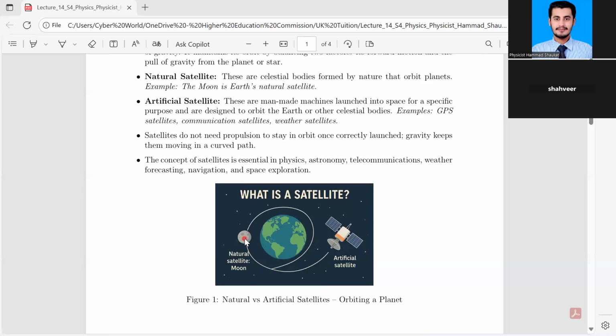Yes, itself. So if this is not man-made, then definitely this is natural. So everything that is revolving around a massive body is a satellite. Yes, our Moon is also revolving around our Earth. So the Moon is also a satellite, and this is a natural satellite, whereas this is a satellite which is man-made, right?